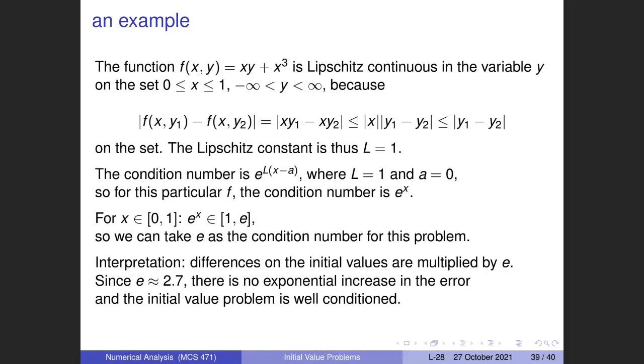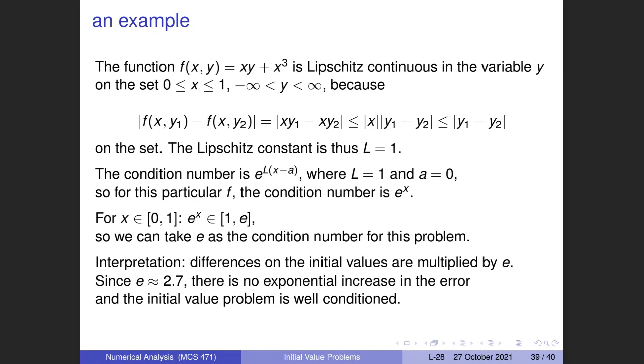The exponential constant indicates that we do have a very well-conditioned problem, because we are bounded on the interval 0, 1. Very important: we have a well-defined problem because of the Lipschitz continuity, and our numerical methods will also work well because we have a low condition number.